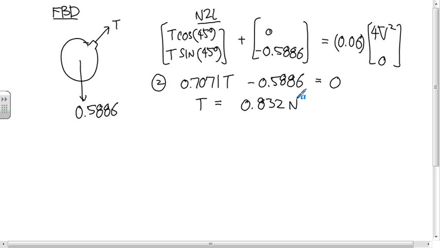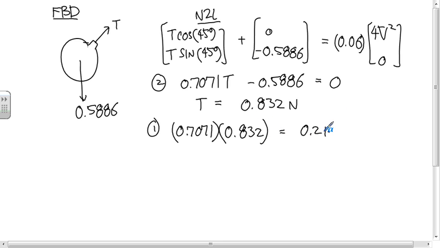Yeah, that's right. And then now that we have T, you can plug that into the first equation. So you have 0.7071, that's the cosine of 45, times 0.832 is equal to 0.24v squared.